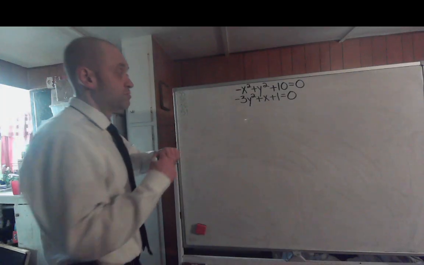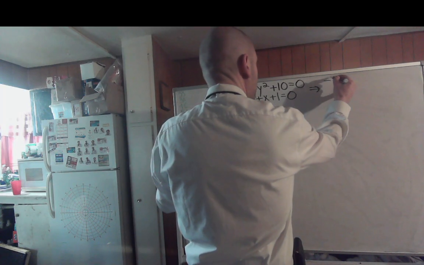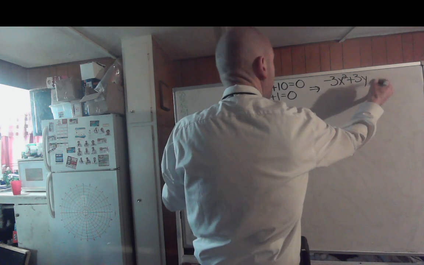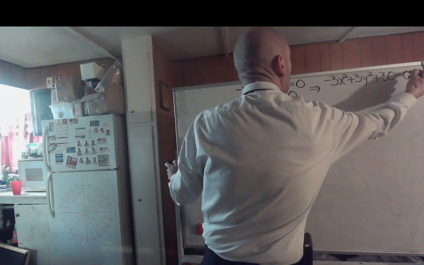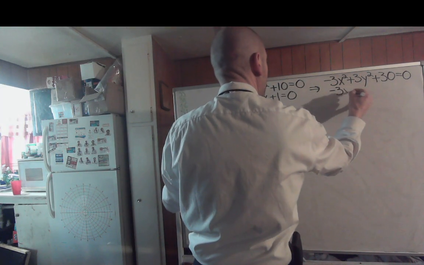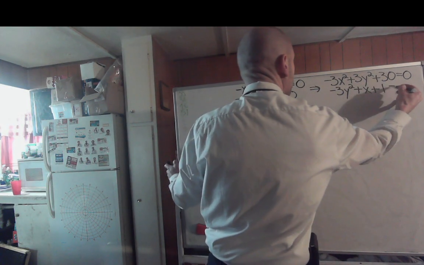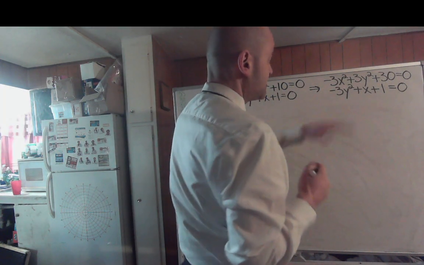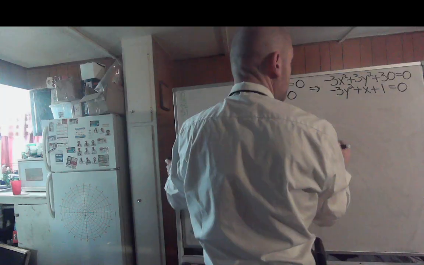So first multiply the top equation by 3. If you do that, you'll get negative 3x squared plus 3y squared plus 30 equals 0. And then you would still have negative 3y squared plus x plus 1 equals 0, okay? Now, if we add the second equation to the first, we can eliminate the y squared.